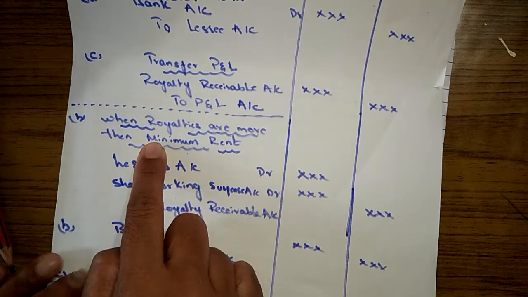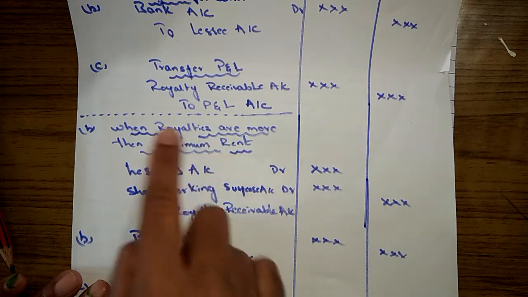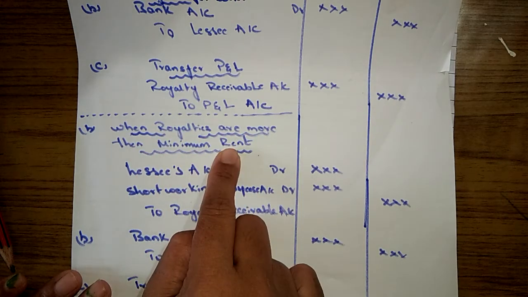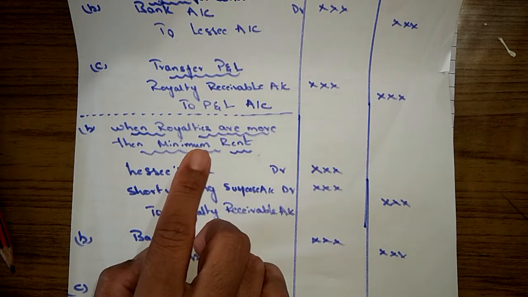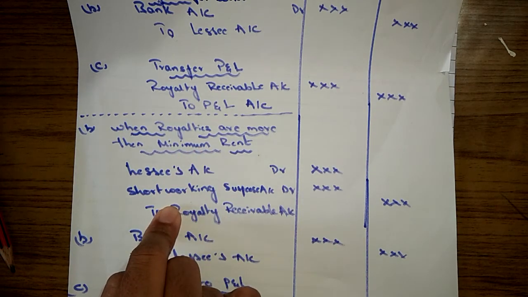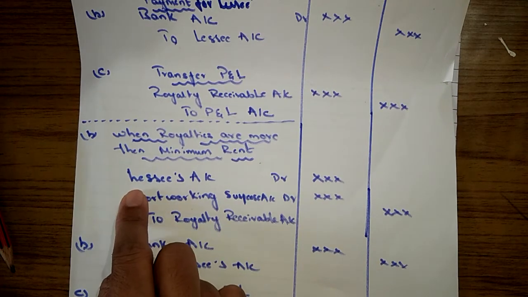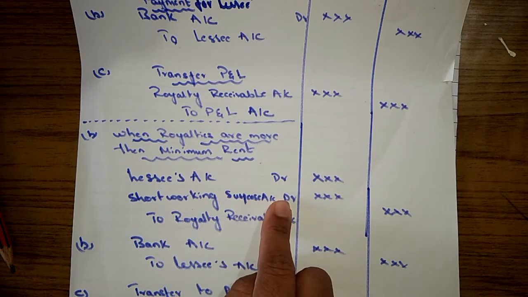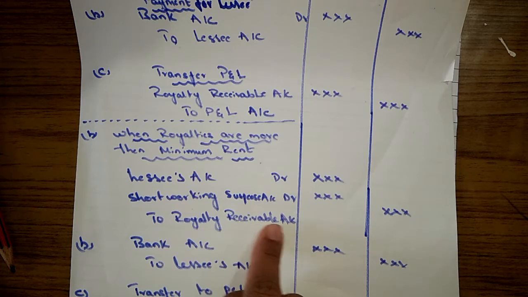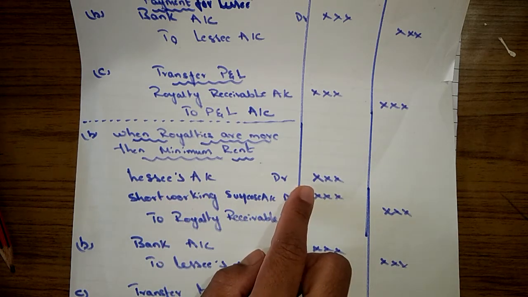Then in the case when royalties are more than minimum rent, the first journal entry should be for royalties receivable account. So here the first journal entry is lessee account debit, short working suspense account debit to royalty receivable account. So as usual we are debiting lessee account.